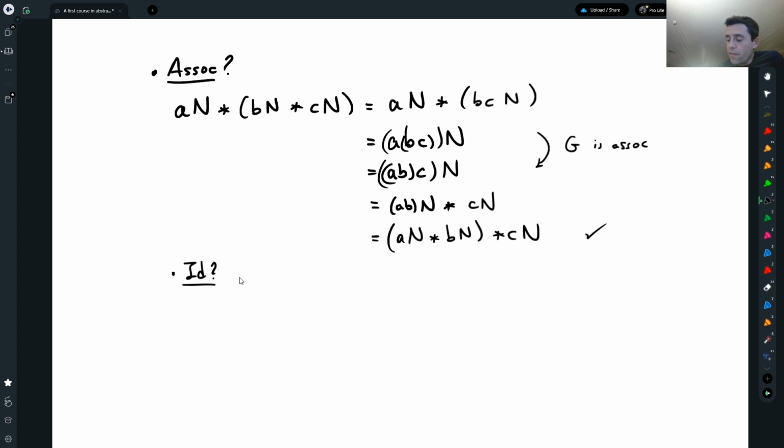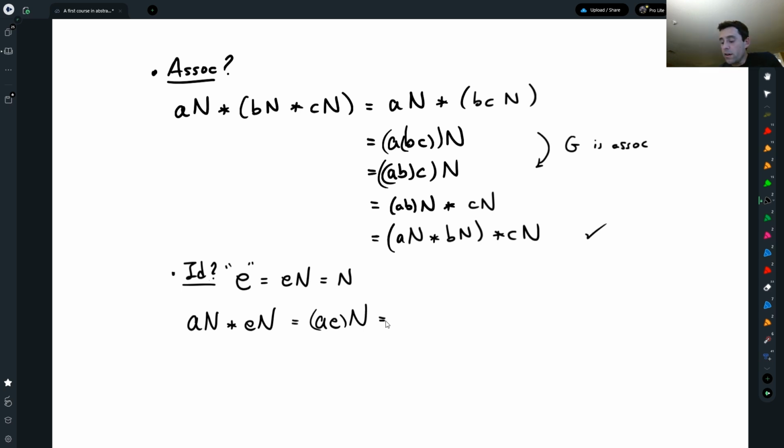Yes, it turns out that the identity will be the identity times the subgroup N, which is in fact just the subgroup N. So that coset will work as an identity because aN times eN is ae times N, but this little e is the identity in G. This one here is the new identity we're trying to define in the quotient, but the little e that is multiplying N is the identity in G, and that works as the identity in G, so that is just aN.